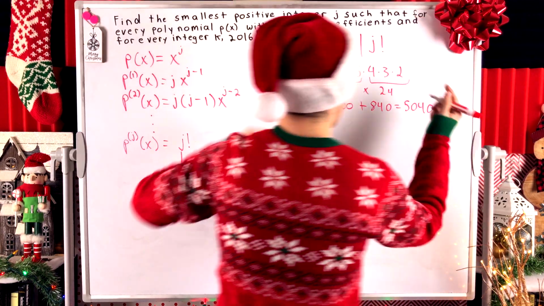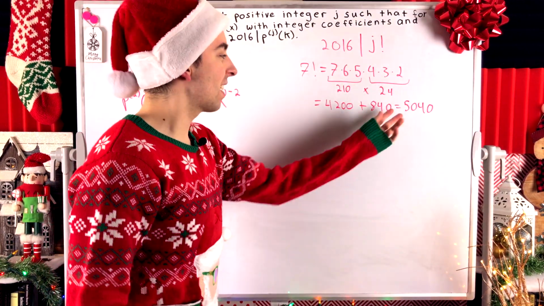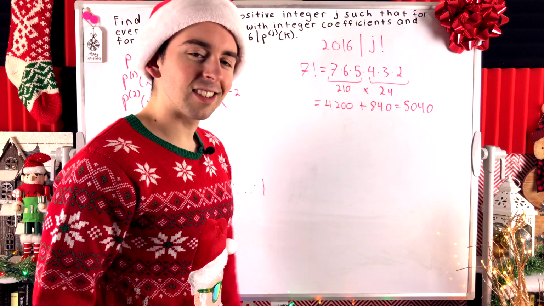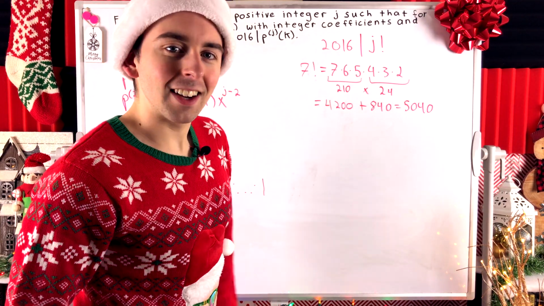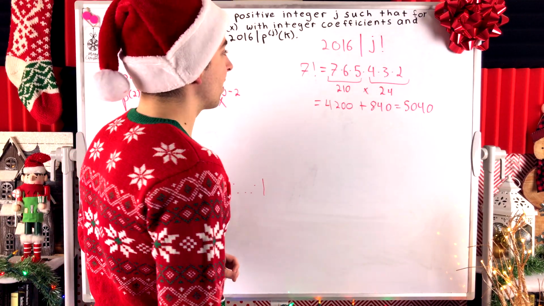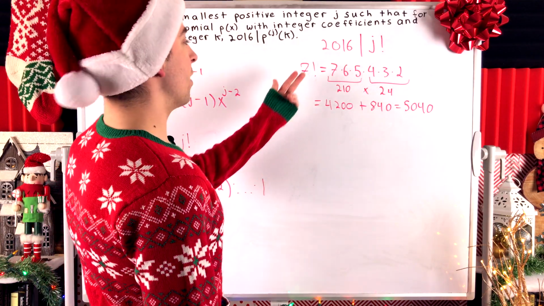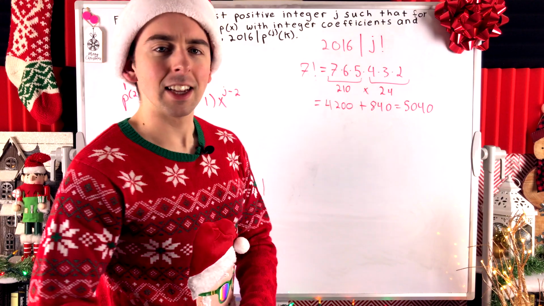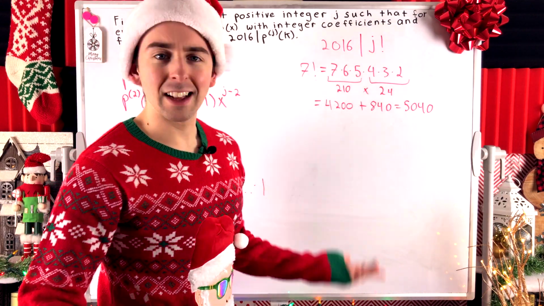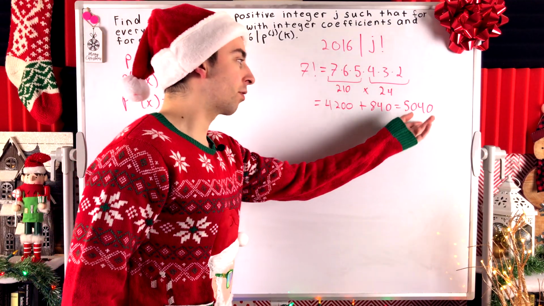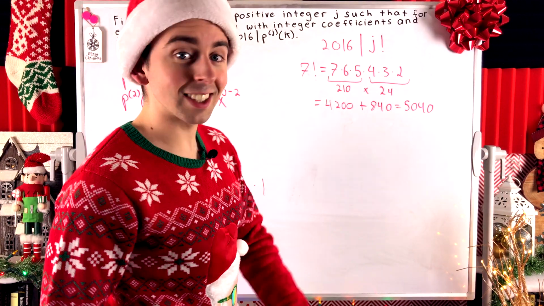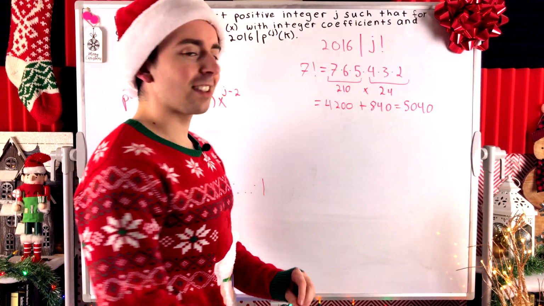So 7 factorial is 5,040. Is that divisible by 2016? Unfortunately not. 2 times 2016 is 4,032, so that doesn't work. And 3 times 2016 is over 6,000, and that's too big. So clearly 5,040, which is 7 factorial, is not divisible by 2016.